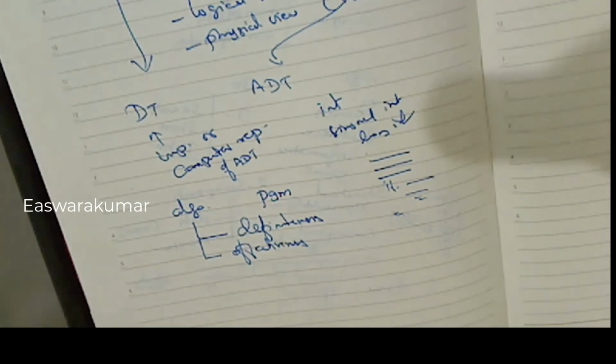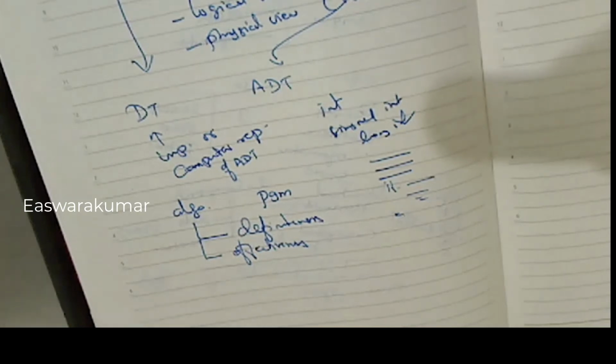That means if you write some instruction, it should not be very complicated. So the instructions you write should be very effective. That's what we mean here.